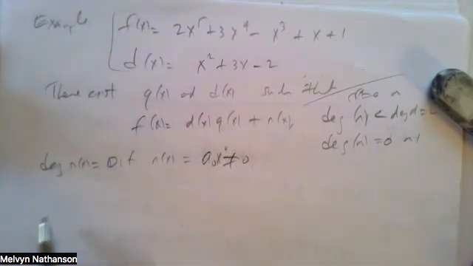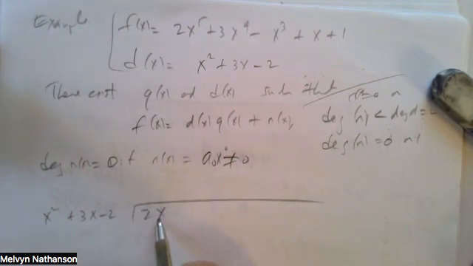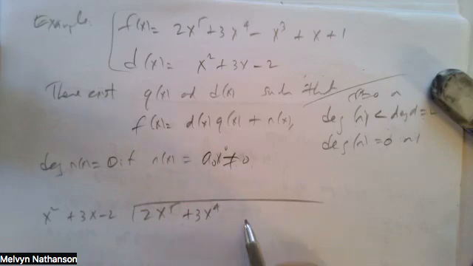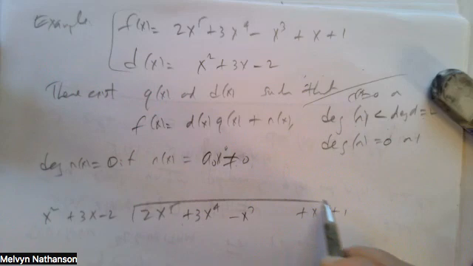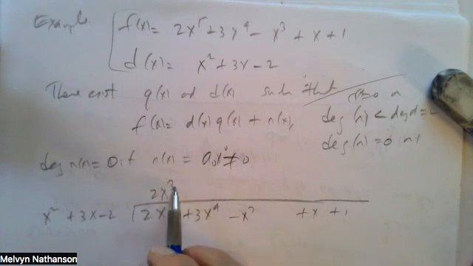So how can we compute this? Well, let's do what you might have done in pre-calculus or high school. X squared plus 3x minus 2 divided into 2x to the fifth plus 3x to the fourth minus x cubed plus x plus 1. So x squared into 2x to the fifth goes 2x cubed.